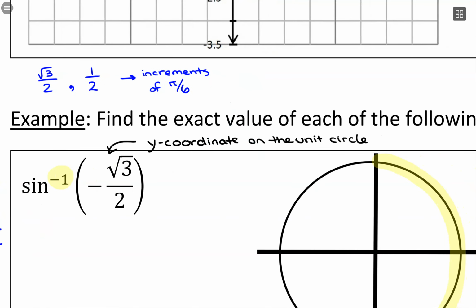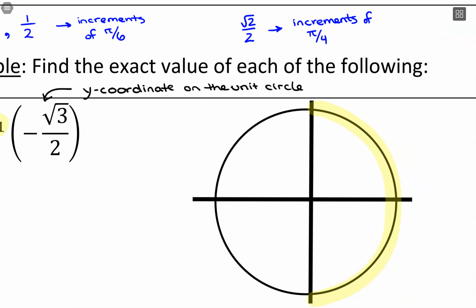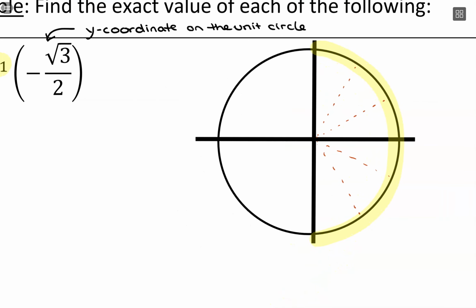Similarly, we also have coordinates like √2/2, and that's going to relate to increments of π/4. So seeing that I have this √3/2, what I'm thinking about in terms of my unit circle are these increments of π/6, but only in this window from -π/2 to π/2.